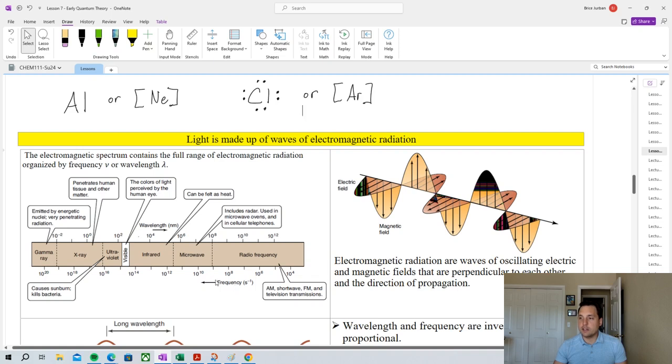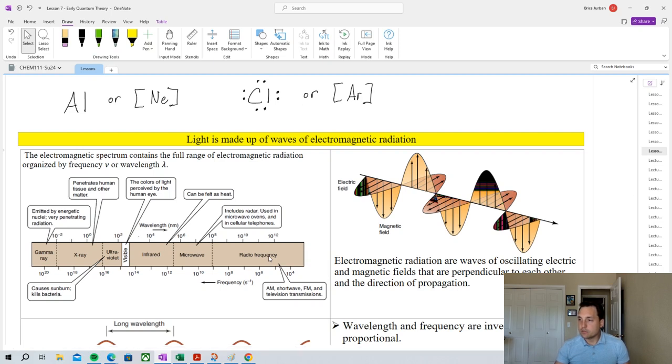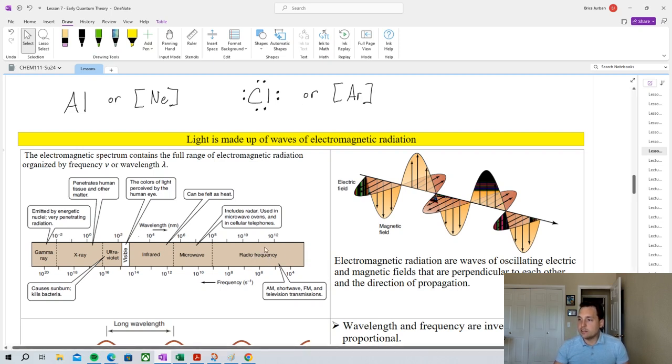I talked about how these are inversely related to each other, so we can just talk about one or the other. But we'll see that there are 7 major regions of the EM spectrum. At the longest wavelength side, so the longest waves of light, we have radio frequency.